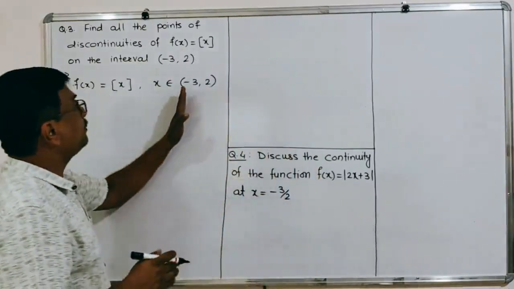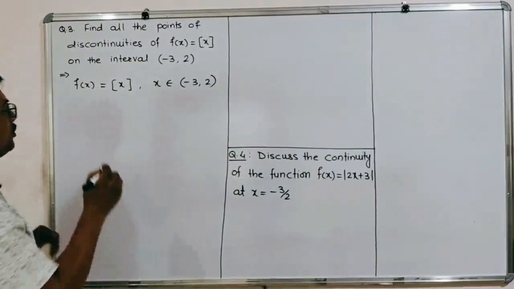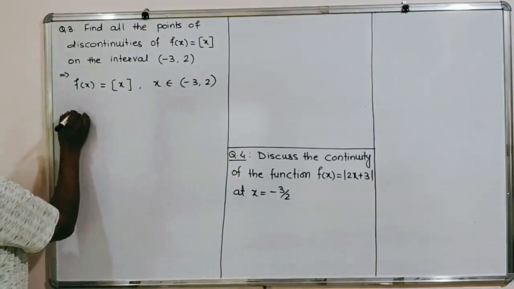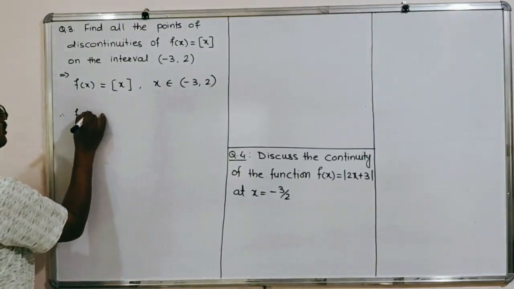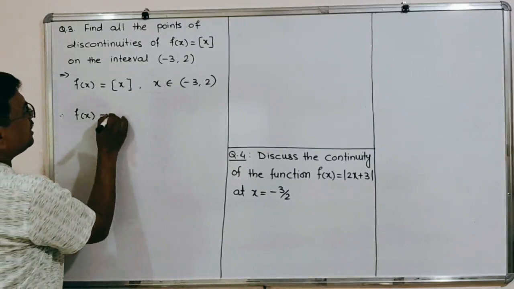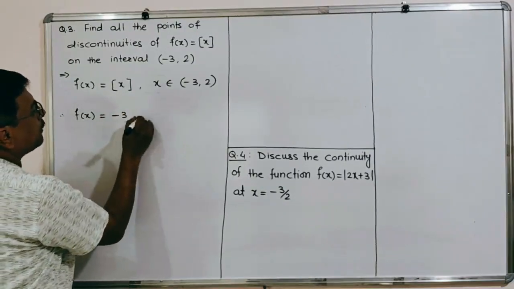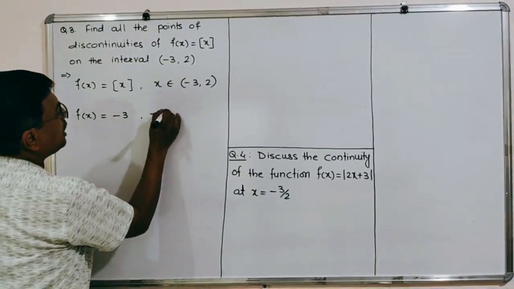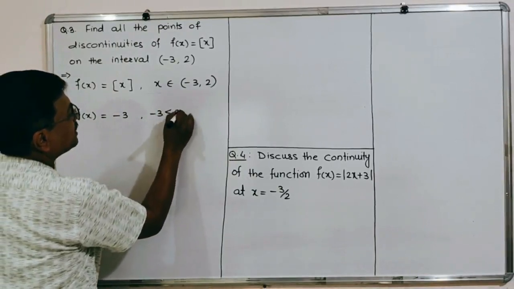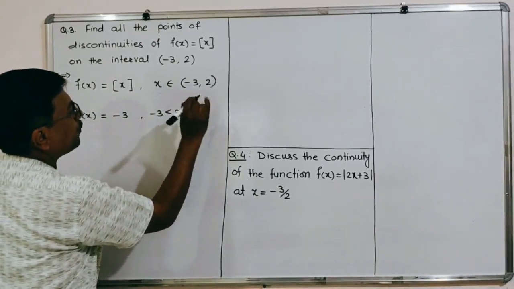Here we can redefine this function f of x as -3 for -3 is less than x is less than -2.